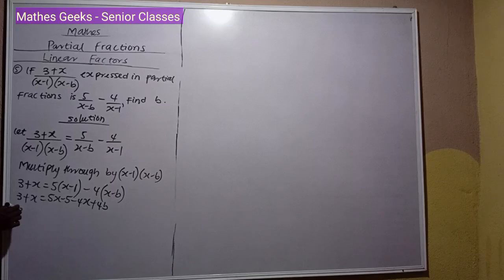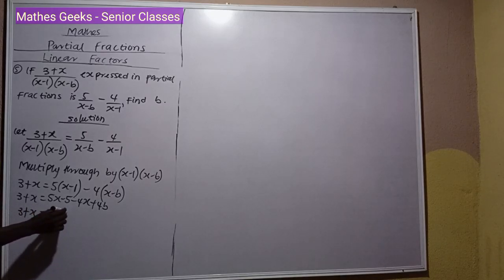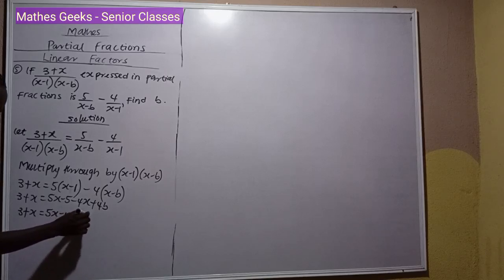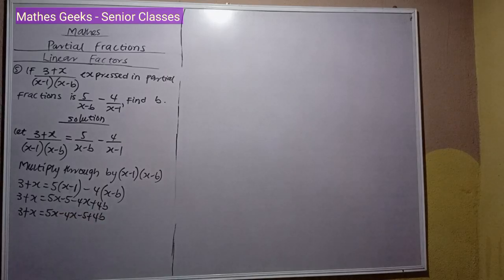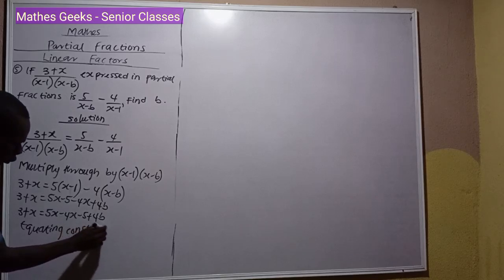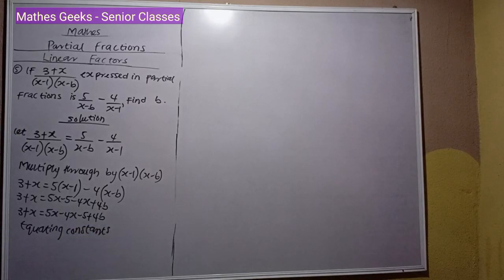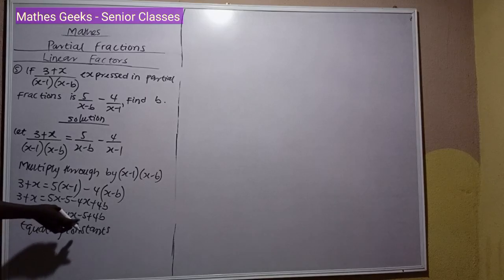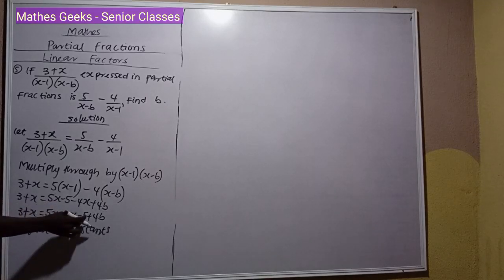Okay, so we equate constants. So here our constant, equating constants, this is 3 and minus 5 plus 4.